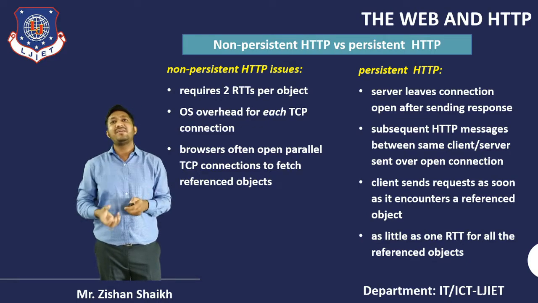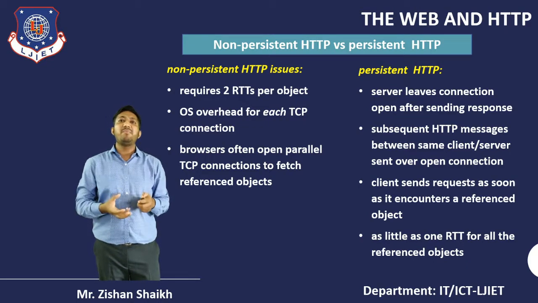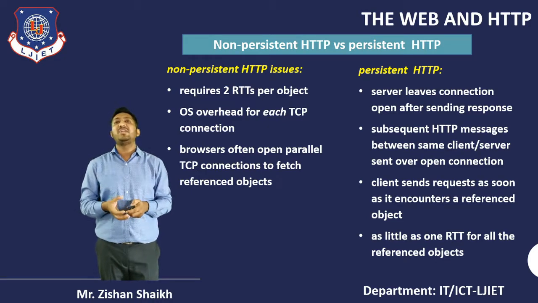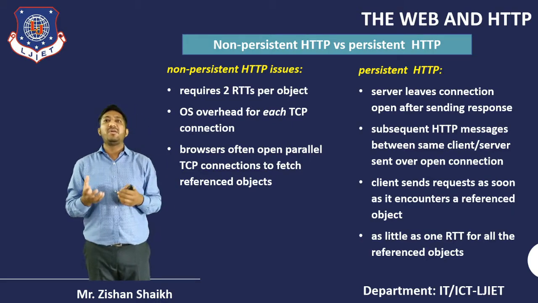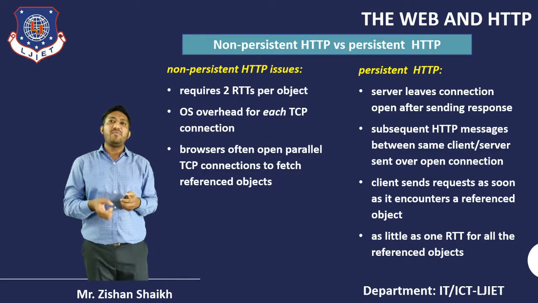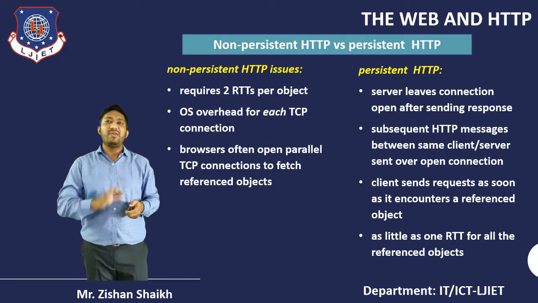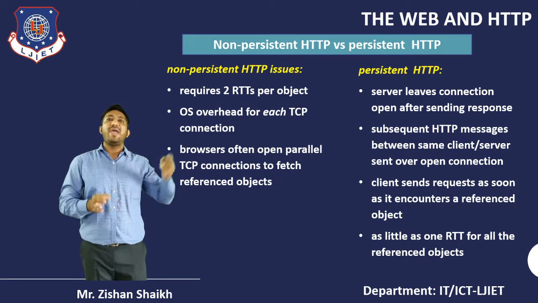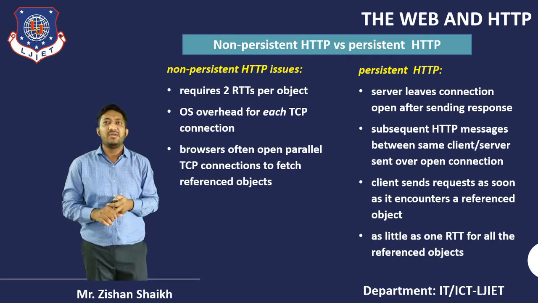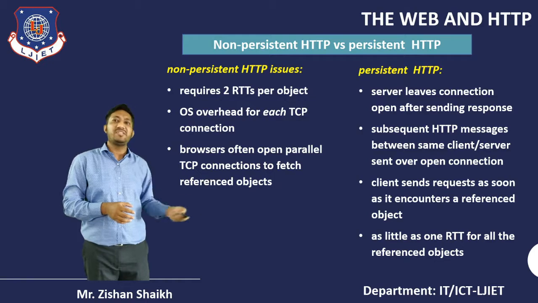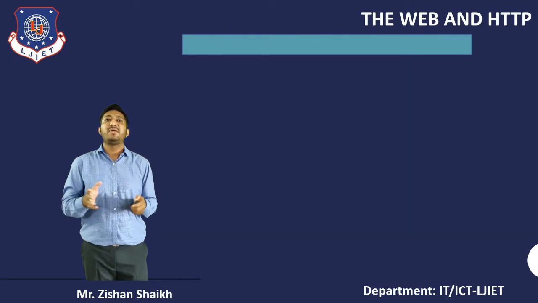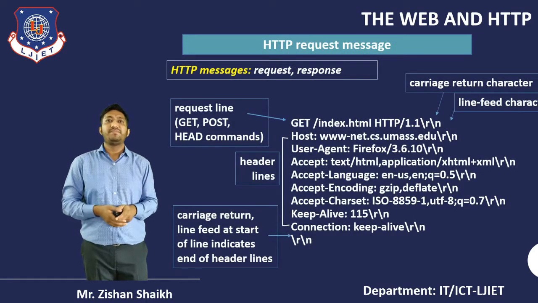It takes less time; a minimum of 60 to 70% of the time is reduced by persistent HTTP. Different HTTP versions have been introduced since. By default, the HTTP 1.1 version provides persistent HTTP, so the time consumed by non-persistent HTTP is totally removed.